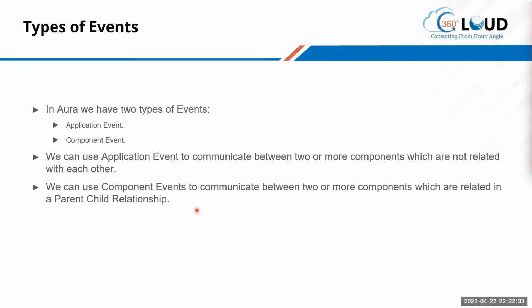If you use application event, and let's say you fire an application event that contains the credit card details, that is accessible to all the components which are listening to that event, and which can be a bit dangerous, right? For such sensitive information, we should use component event so that it is only accessible to its parent and its child, and it is easier for us to isolate the data and not send it anywhere else.